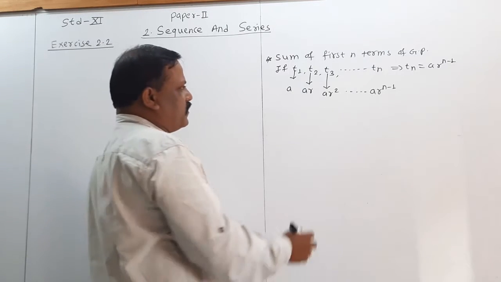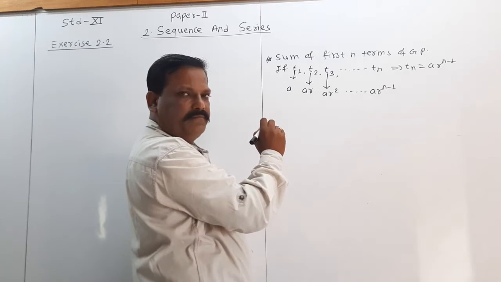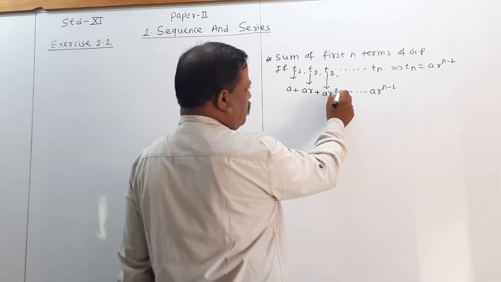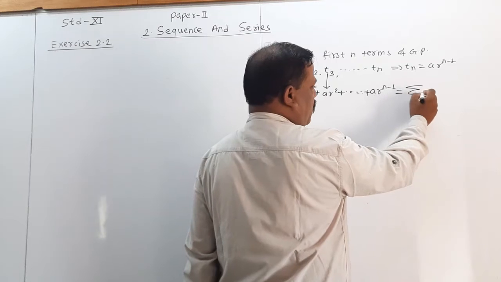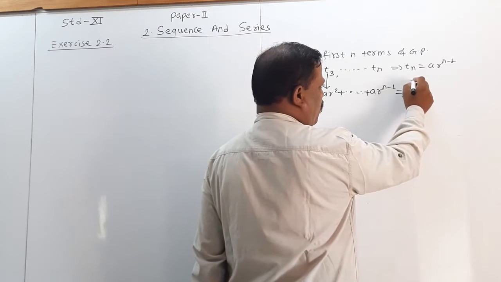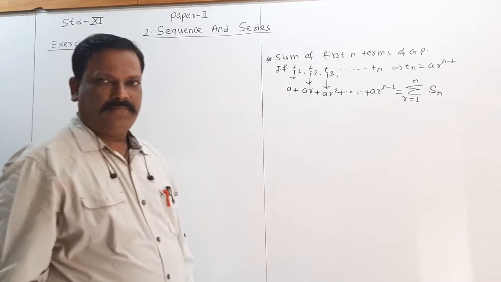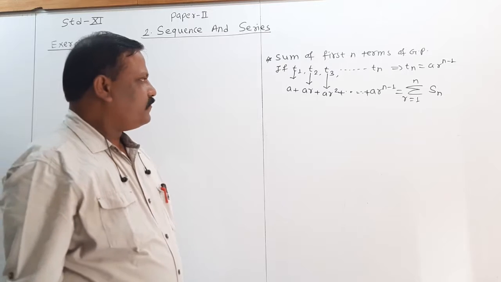If we take the sum of this geometric progression, plus up to plus, that is the summation from r equal to 1 to n, it is represented by Sn. Sn stands for the summation.